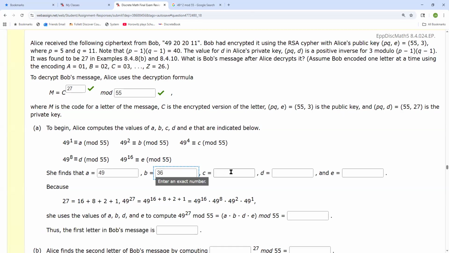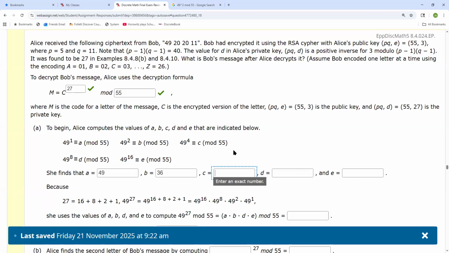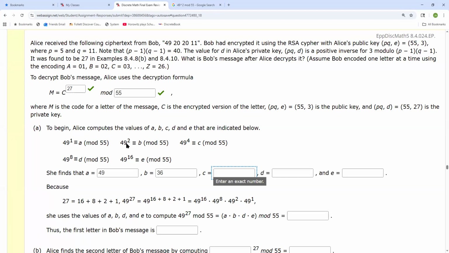Okay. And then what is 49 to the fourth mod 55? We've done this before, so help me out a little bit. Somebody who's not said anything before, how would I find what 49 to the fourth is mod 55 if I already know what 49 squared mod 55 is? Any ideas?